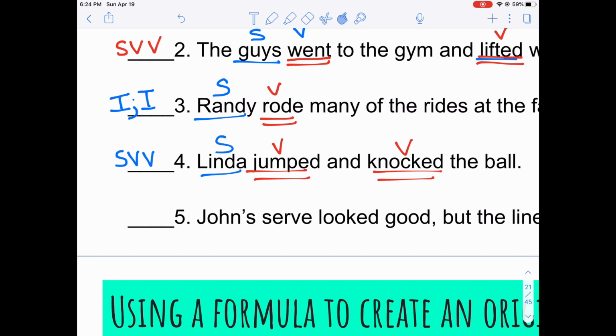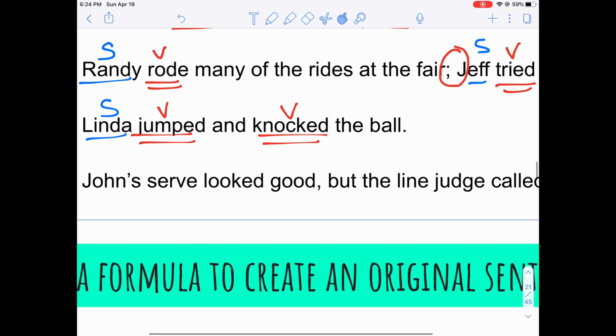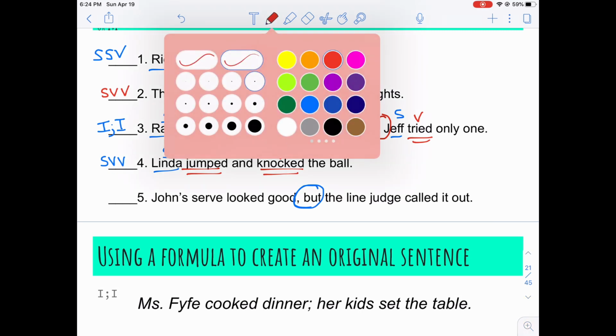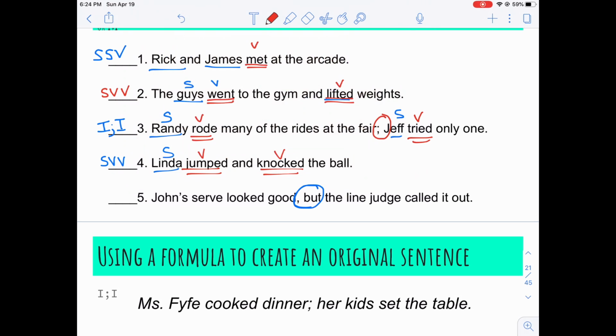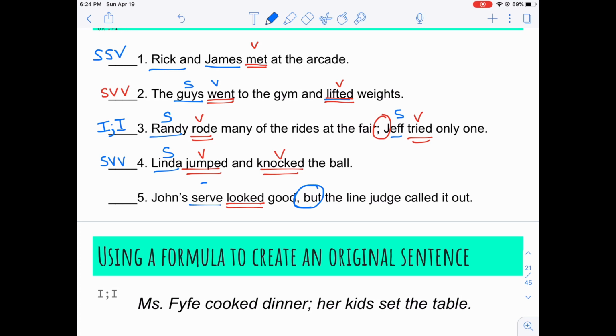And last, John's serve looked good, comma, but the line judge called it out. Comma, but, looks like I have an I, comma, CI. Let's just look at our verbs and make sure that we actually have independent clauses. Looked, who or what looked good? The serve looked good.